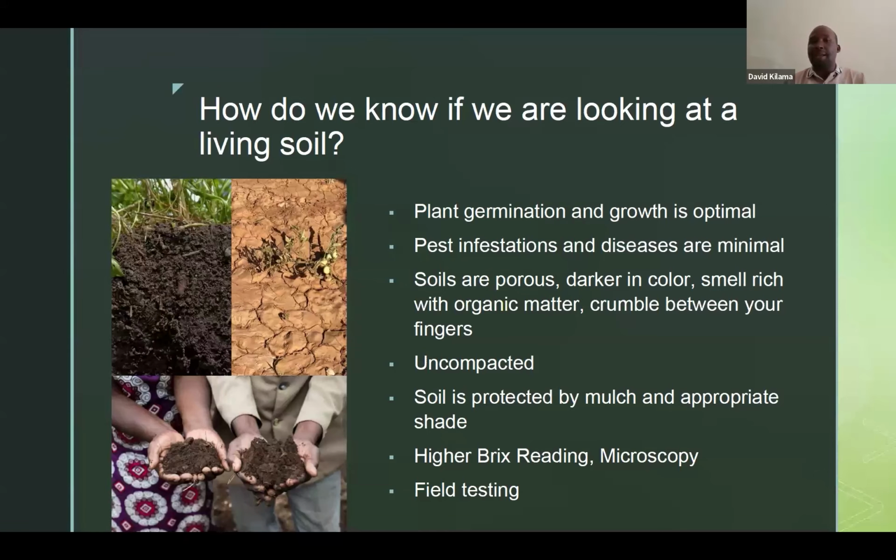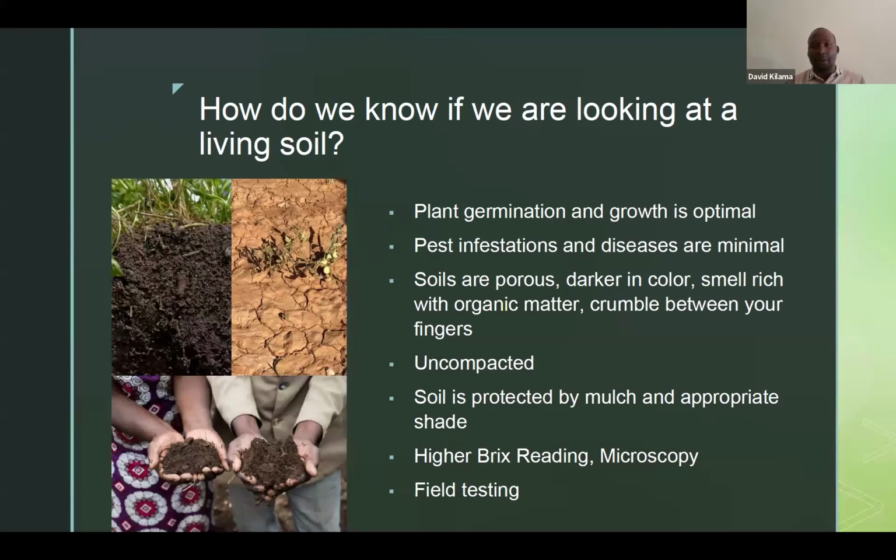One of them is that plant germination and growth is optimal. If you see that your plants are doing well in the field, and germination happens within a few days, it shows that your soil is good and performing as it is supposed to. It also contains the required microbes that can support plant growth. Then also, pest infestations and disease are minimal.